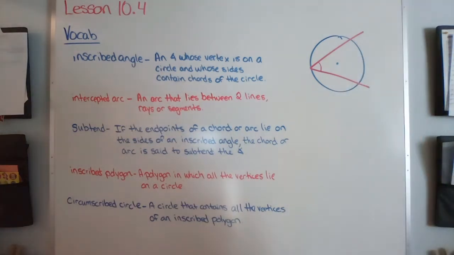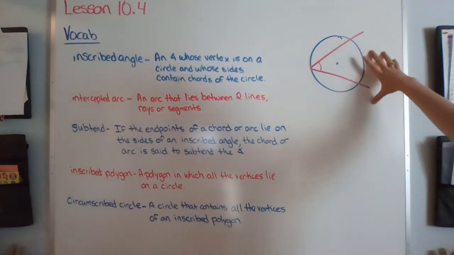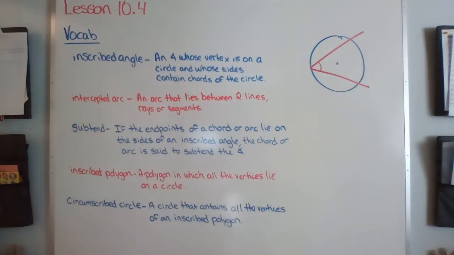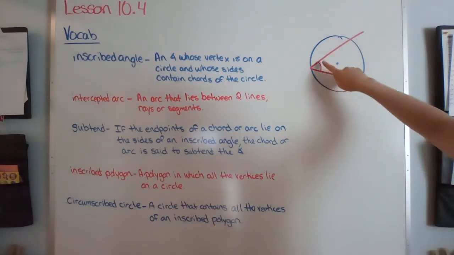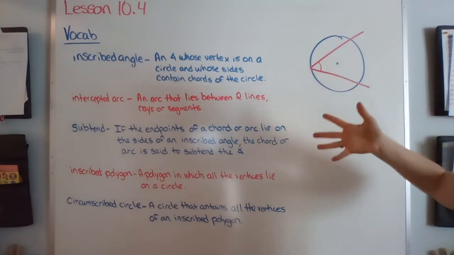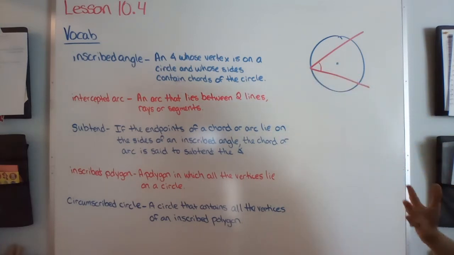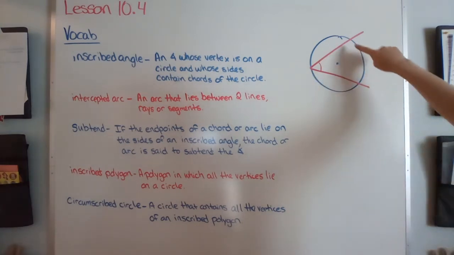We're going to talk about what the measure of that angle is when we get to the theorem part. The next term, we're actually going to use the same diagram. The next term is intercepted arc, an arc that lies between 2 lines, rays, or segments. So when we look at this inscribed angle, I'm going to often say to you, what arc does it intercept? What arc sits inside of the angle?